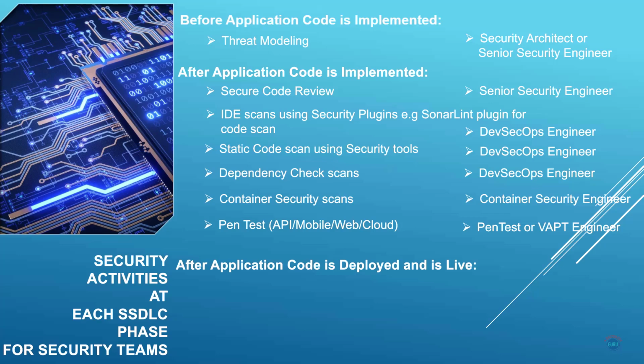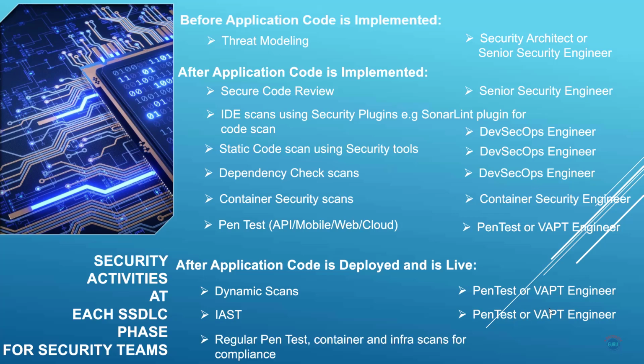After that, once the application code is deployed and is live, we were performing dynamic scans, also called dynamic application security testing. This is again done by a pen test or VAPT engineer as they will be running dynamic scans against the application in production. Also, IAST, which is interactive application security testing, is also performed by a pen test or VAPT engineer.